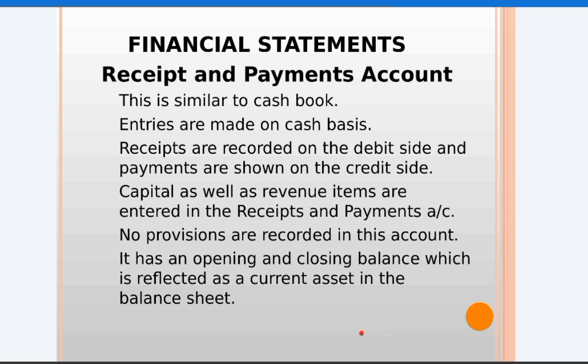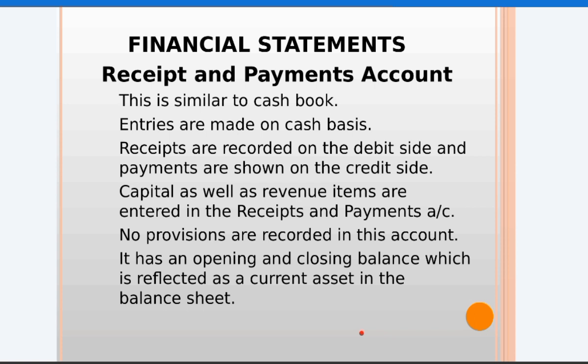The receipts and payments account, we said this is an equivalent of the cash book in a profit-making organization. The same way we prepare the cash book on the basis of cash, it is the same way we also prepare the receipts and payments. That is, what you record in the receipts and payments account is on a cash basis.